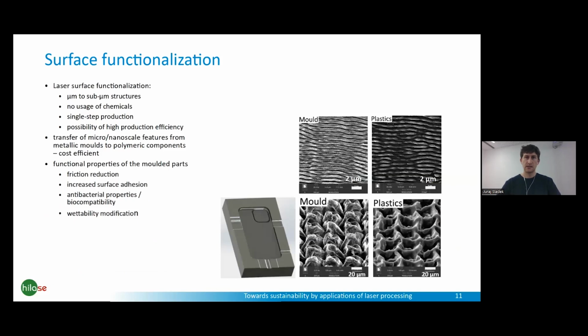An important thing is that we are doing not only feasibility studies and development, but we are trying to collaborate with industrial partners to find real-world applications, which, due to economic reasons, need large production speed. And with lasers, this speed is becoming reality, but there is also another way to achieve the speed, by structuring the molds and replicating the laser-produced features in this way. So, for example, we can have parts which have reduced friction, increased surface adhesion, antibacterial properties, or modified wettability.